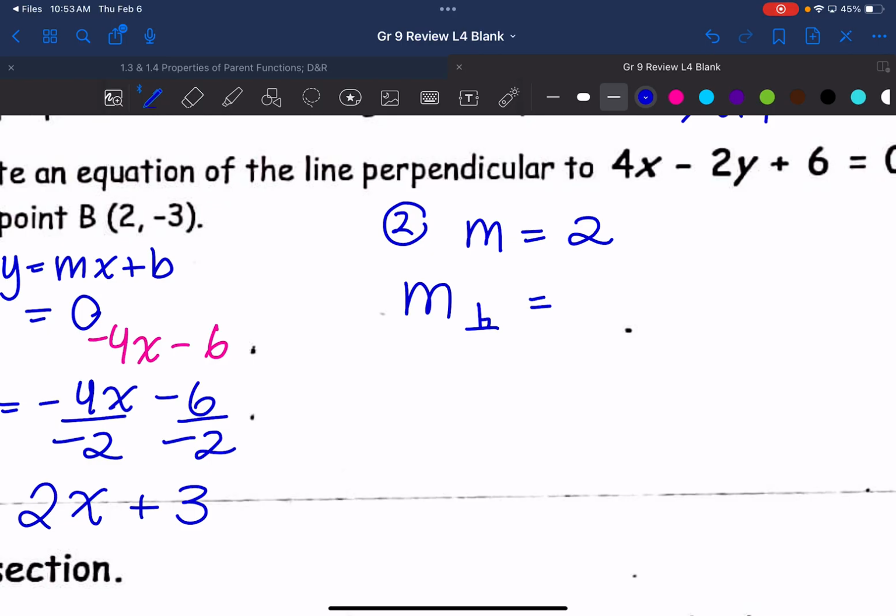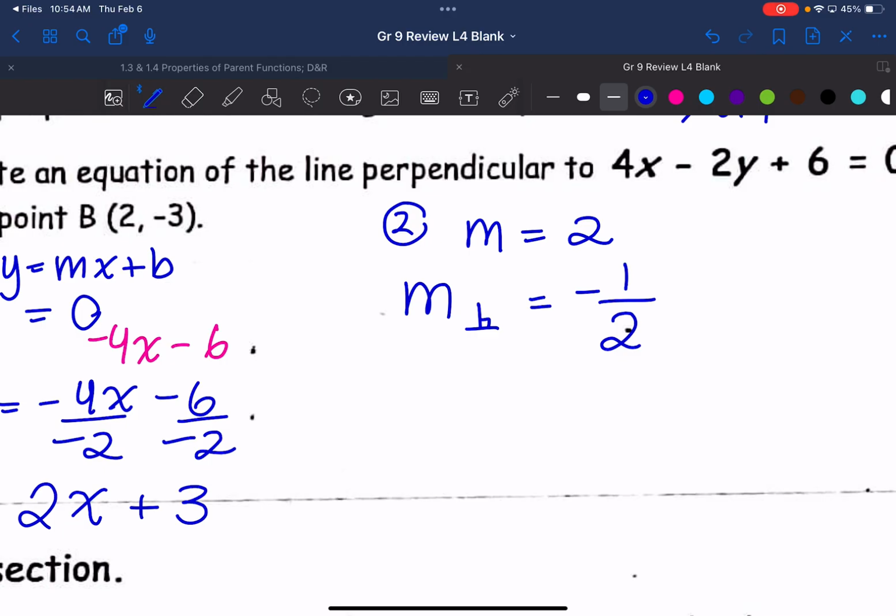So the negative reciprocal slope is going to be negative 1 over 2. Do we see that? Even on the board, if I give you practice, what if I told you m is 3 over 4? What would the negative reciprocal slope be? Negative 4 over 3.